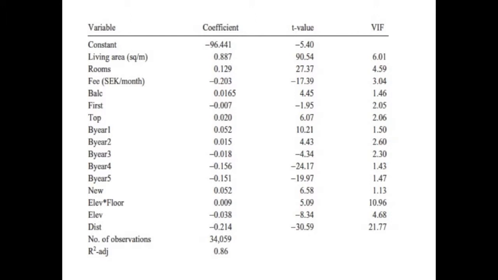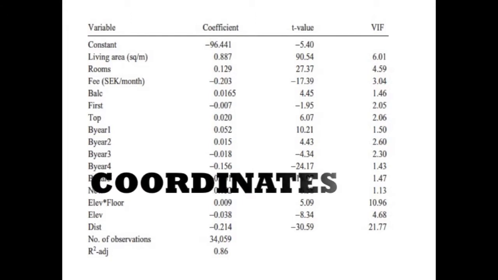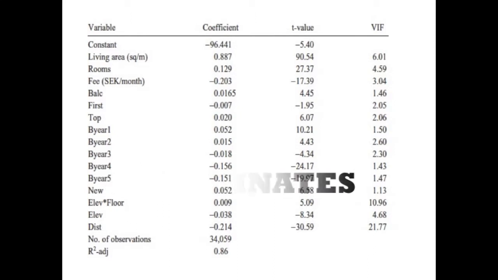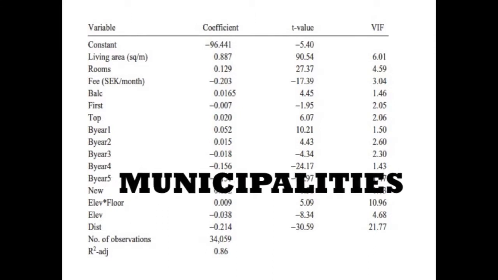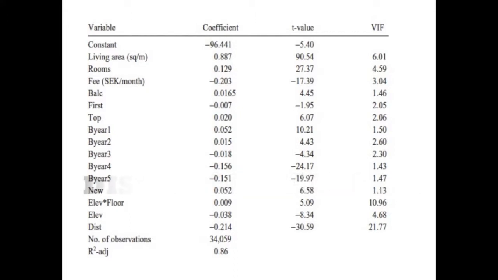So we have the location in parish, we have the coordinates, so in different directions in the city. We have information about the municipality and so on, and distance to the city center, distance to sub-center. So we worked a lot with location in order to get a very good model.